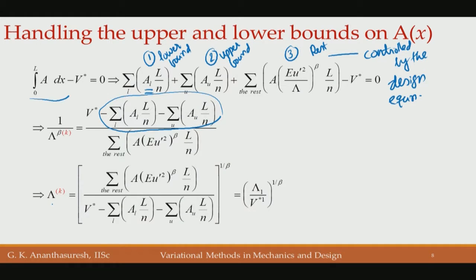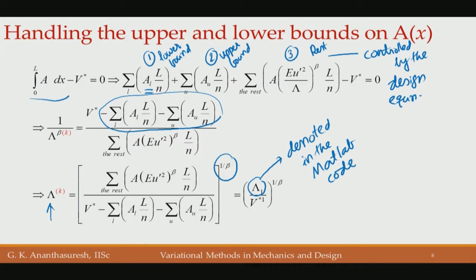So, just reverse of it because it is 1 over lambda raised to beta. So, we have to take the bth root of this whole thing. Again in the code this is denoted like this in the MATLAB code that we are going to see shortly, okay.